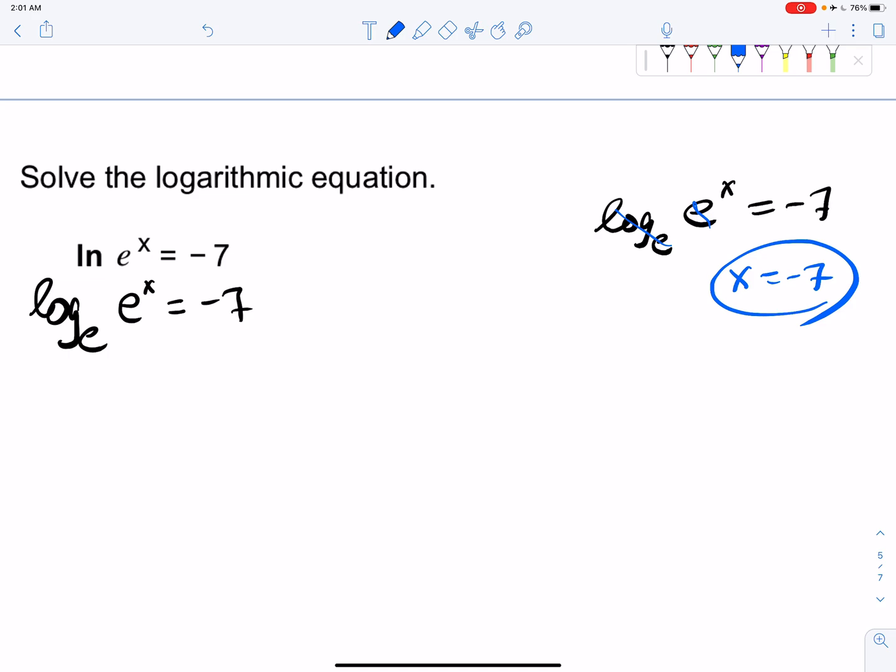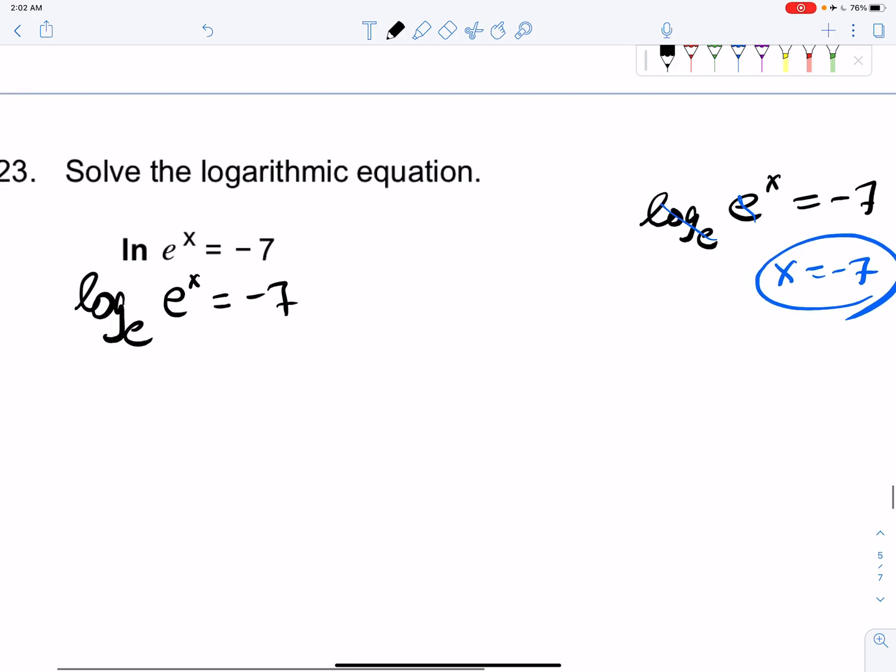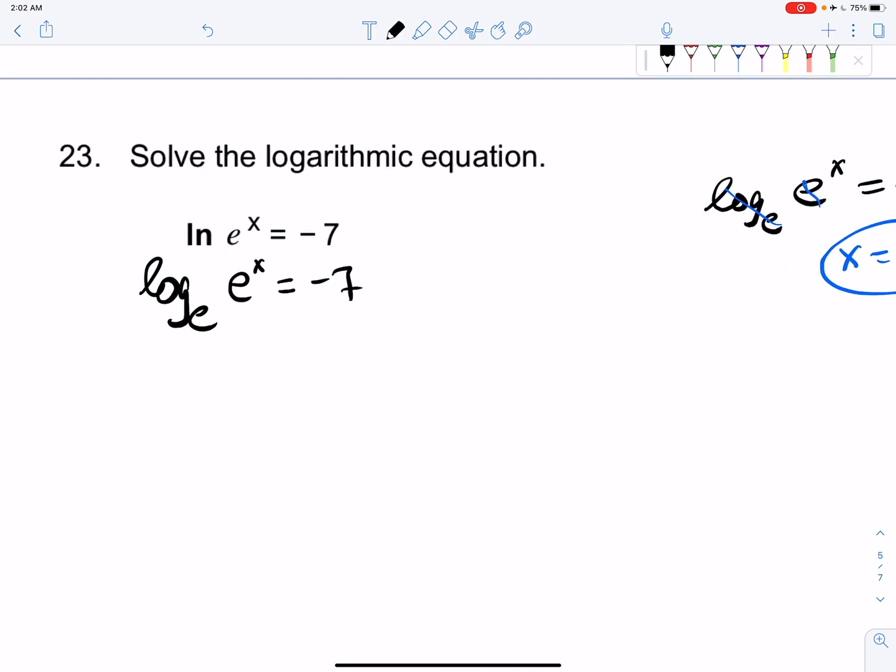But I like to give you a preview of some quicker ways to do things that we'll have. Now, using the definition and converting this to an exponential is still not the fastest way in this problem, but still essential to know. So let's practice it. What's the base? The base is e. Raised to what power?